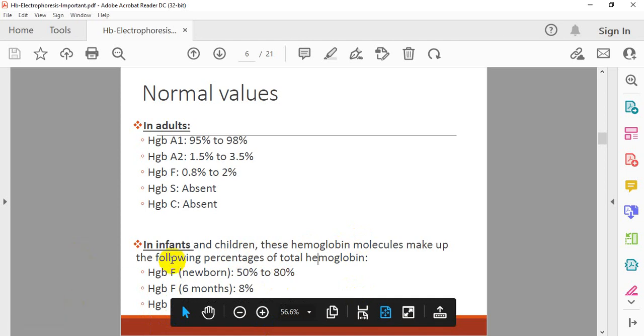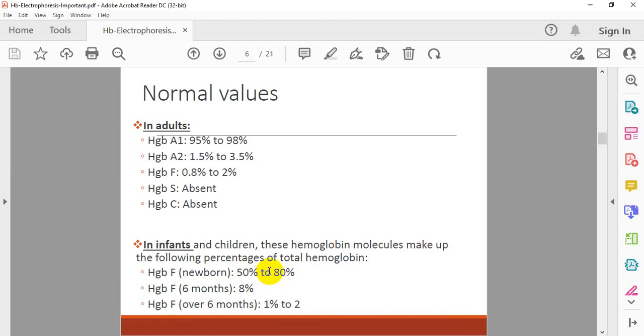We have for hemoglobin F in newborn, it's supposed to be 50% to 80%. Newborn, we call it, they are in the neonatal period. Okay, we call it neonate. So we have 50% to 80%.